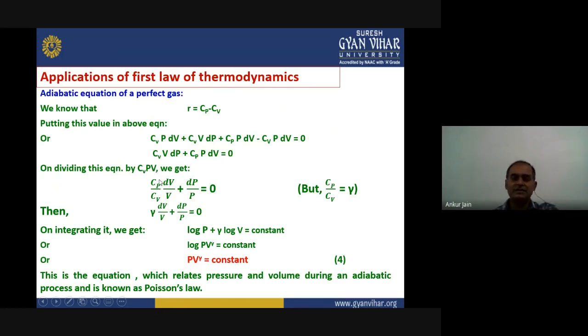We get Cp upon Cv into dV upon V plus dP upon P equals 0, and we know that Cp upon Cv is given by gamma, the ratio of specific heats of a gas at constant pressure and constant volume. So we are putting this as gamma here: gamma into dV upon V plus dP upon P equals 0. If we integrate this equation, what do we get?